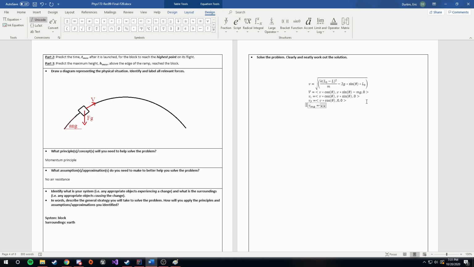Well, no, our final velocity will have a v sine theta component too. No, because our final velocity... Because we haven't technically hit the ground in final velocity.